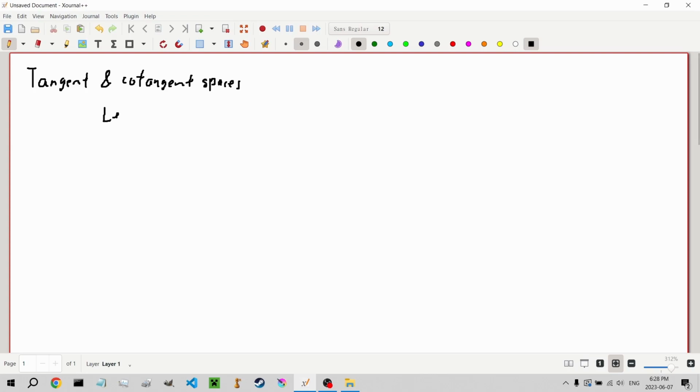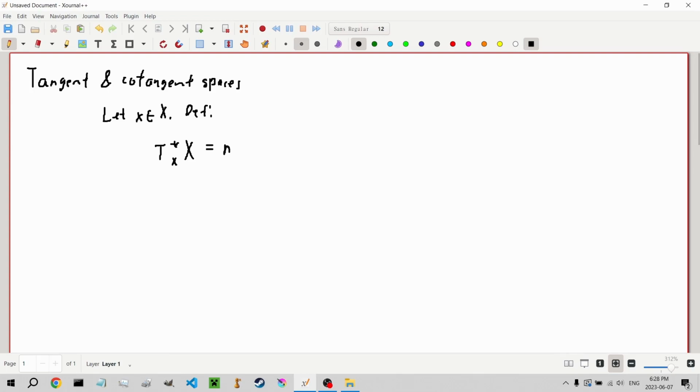So we're going to let an element x be in our space. We define the cotangent space, which we write as T star x of X, where the x in the subscript is the element and the big X, of course, is the space.